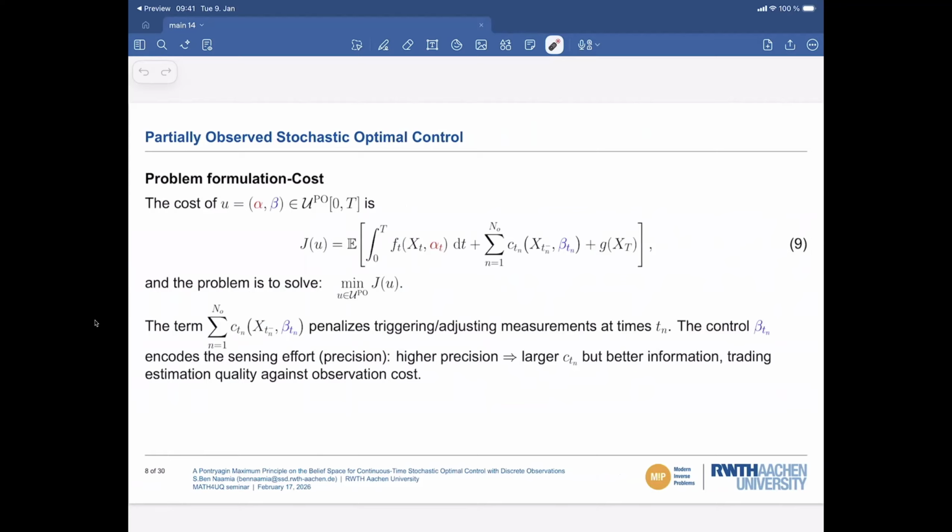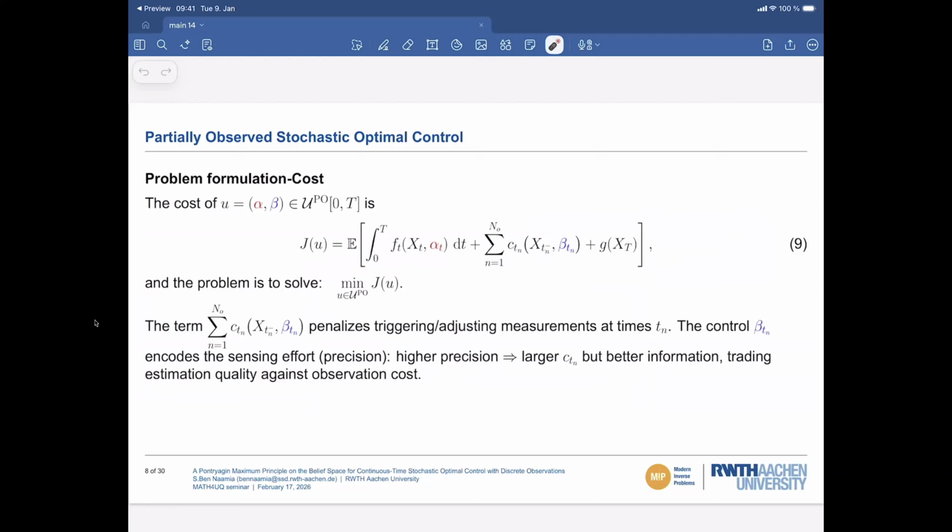The question is, you need to weigh this choice of control by a particular cost, because you introduce a new control, so we need to know what meaning it has. So we have the usual continuous control, where you minimize over a running cost that depends on X and alpha, which is the continuous control that you can apply all along the trajectory. There is the final terminal cost that existed in the fully observed case, but now we introduce this new discrete cost that is related to beta.